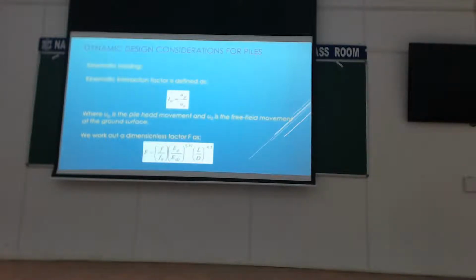But one other important factor that we have brought in here is this F over Fn. So F over Fn is telling you whether the dynamics of the problem is important or not. If the natural frequency of the system is close to the driving frequency imposed by the earthquake, then this factor can become almost 1, so this whole F factor becomes big.